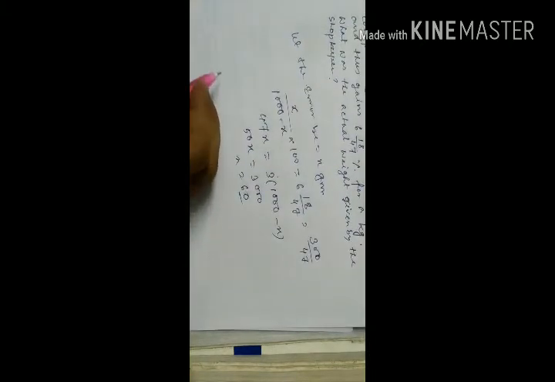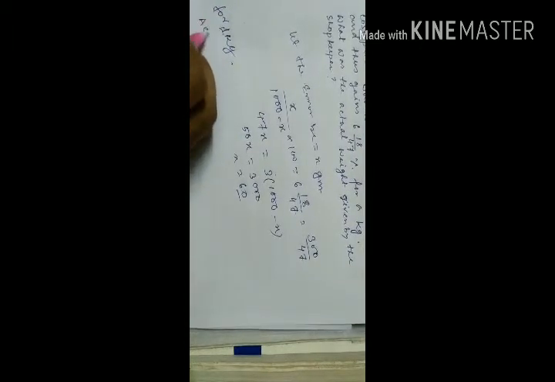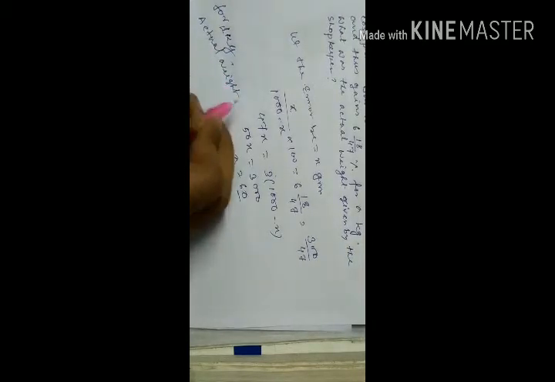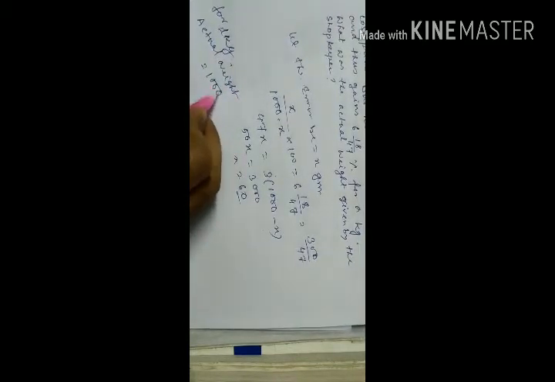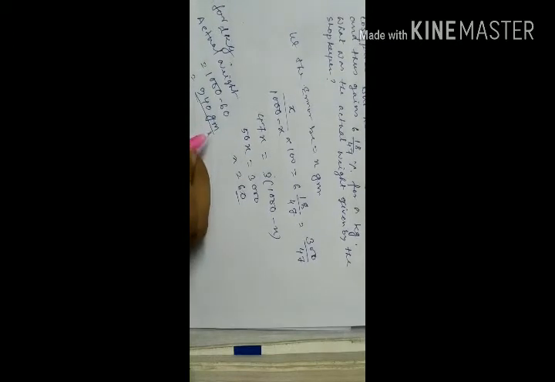So the actual weight given by the shopkeeper, for 1 kg, the actual weight equals to 1000 minus 60, that is 940 gram.